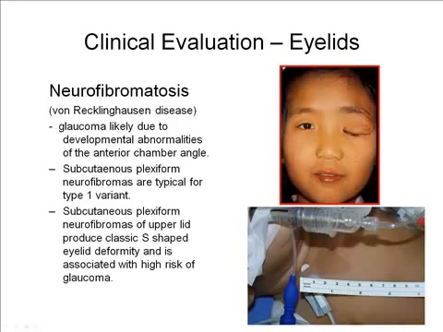In this image, we see the typical S-shaped lid deformity of neurofibromatosis, and on the image below you see the café au lait spots that can frequently be seen with this disease as well.